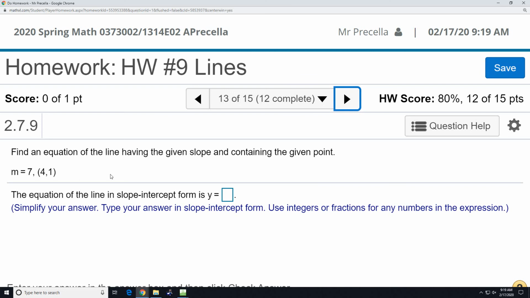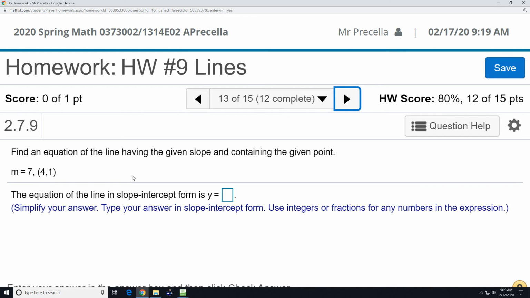Underneath there, it says the equation of the line in slope-intercept form. So we're actually going to write slope-intercept form for this line, when all we're given is just one point and the slope. So this is problem number 13.